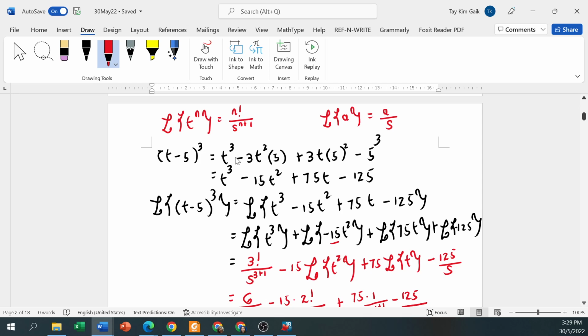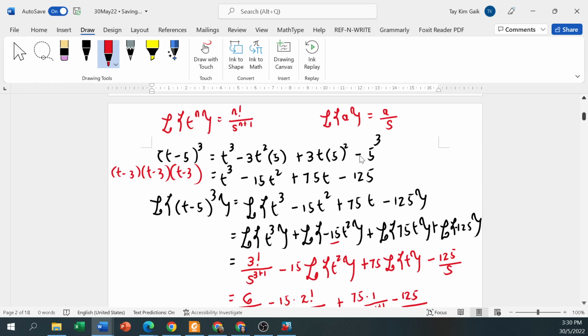For t cubed, either you expand using the binomial expansion, or you may do it 3 times. The signs are normally positive, negative, positive, negative. Start from t power 3. The last one is actually negative 5 power 3.